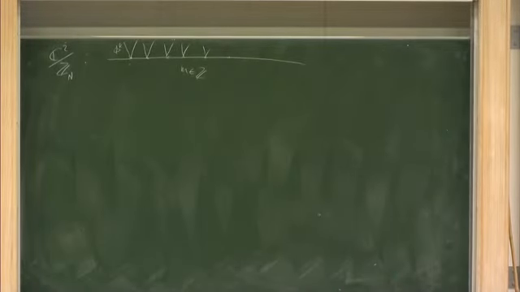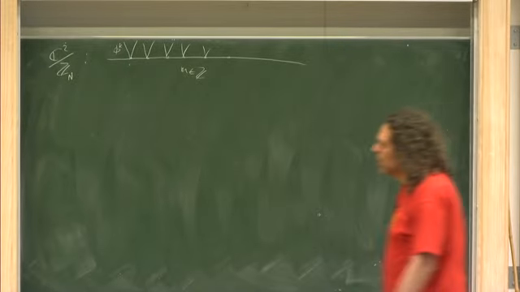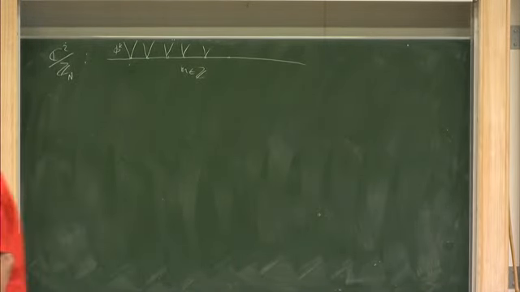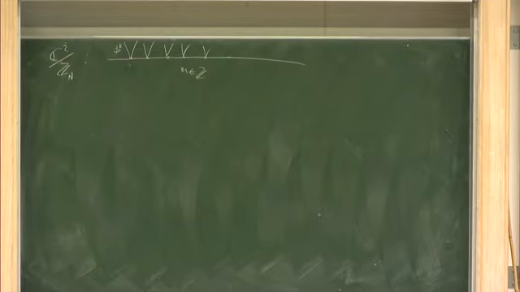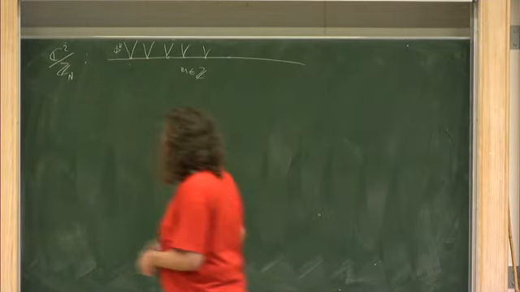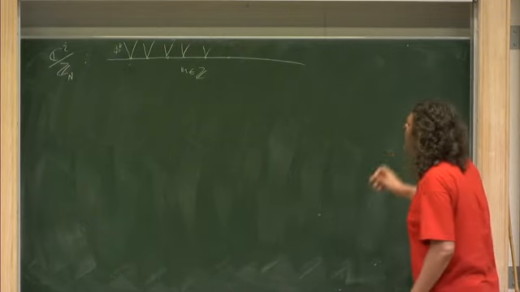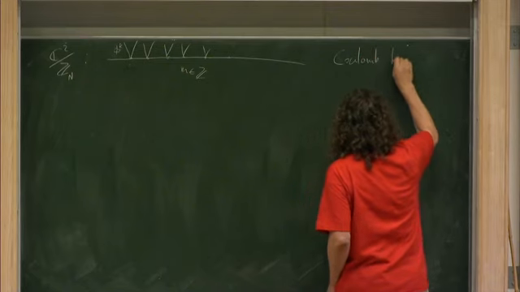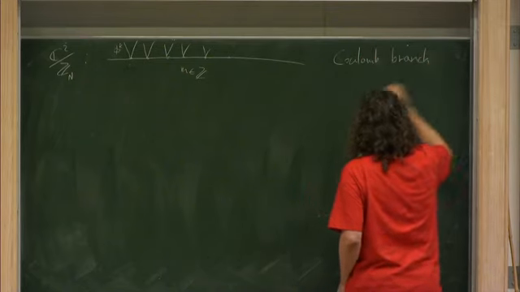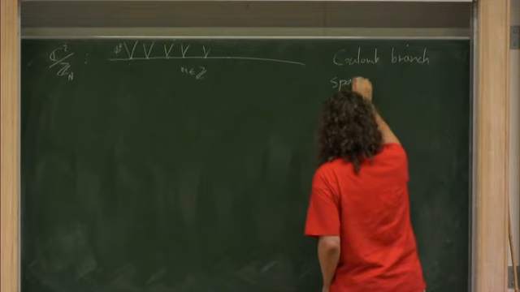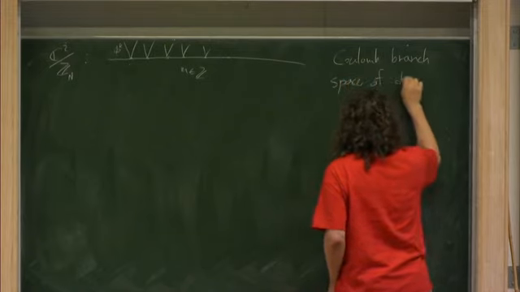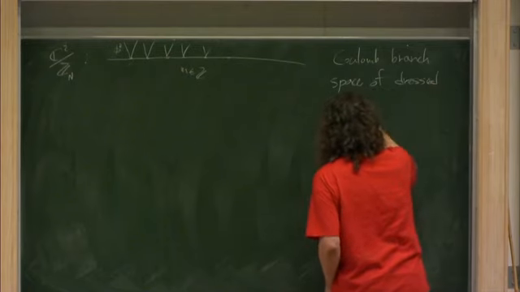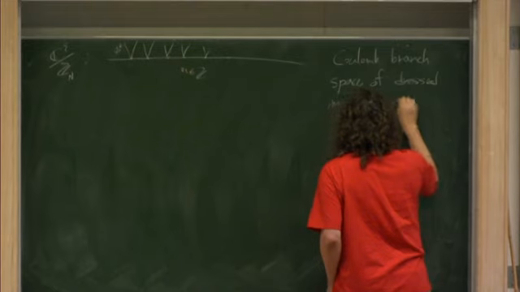So the space of all functions is just the space of all monopole operators, which are dressed by insertions of phi. So the Coulomb branch, the way I think of it is the space of dressed monopole operators.